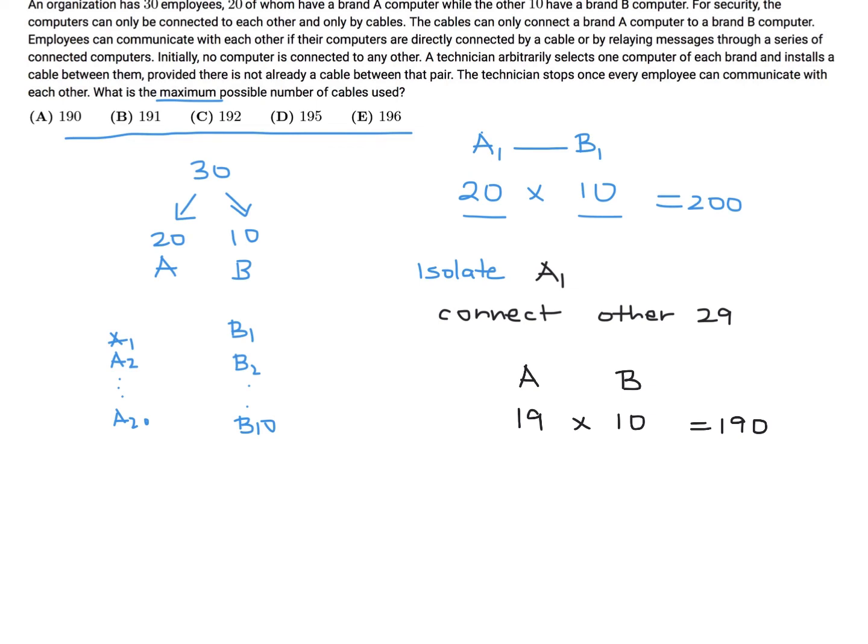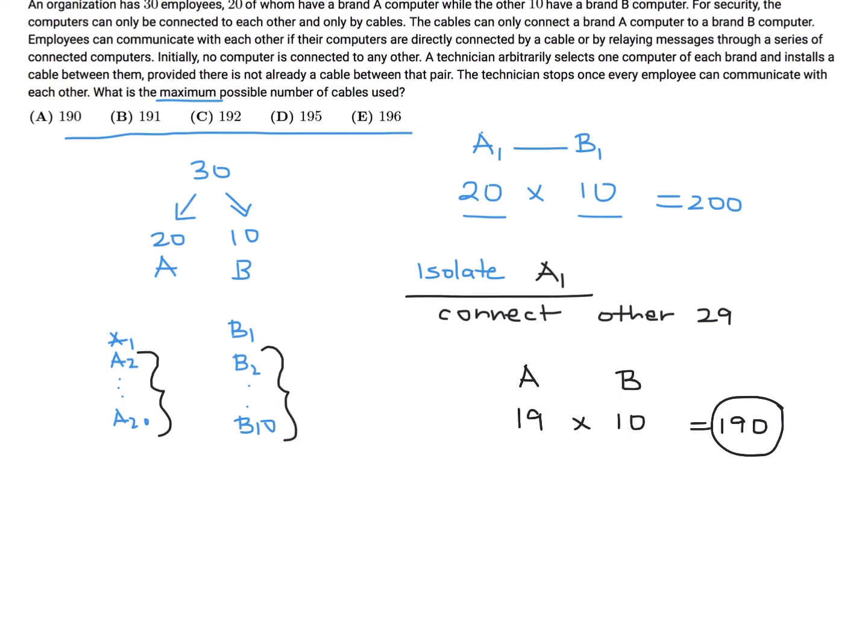This 190 represents the number of ways I can connect all the computers from A2 to A20 with B2 to B10. Remember, I've isolated A1.